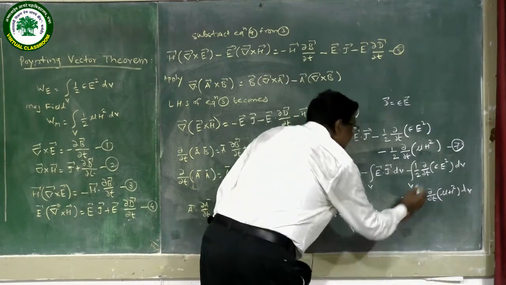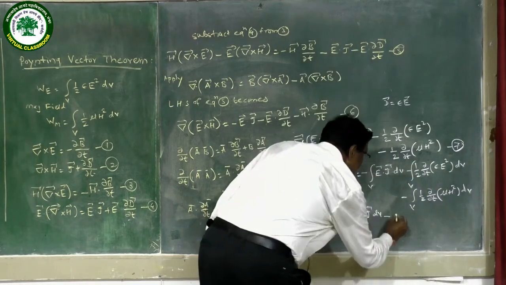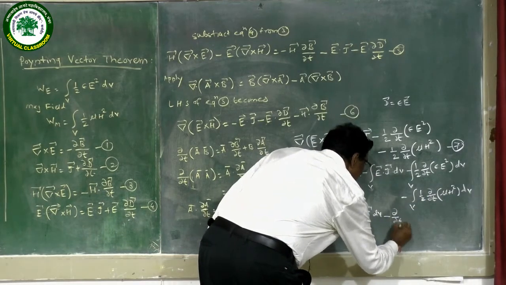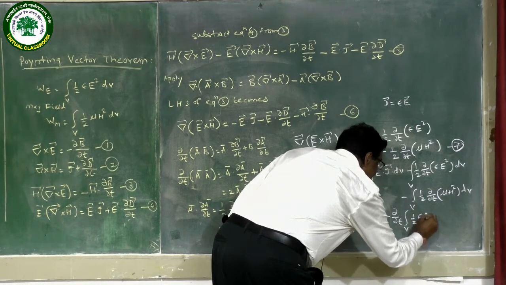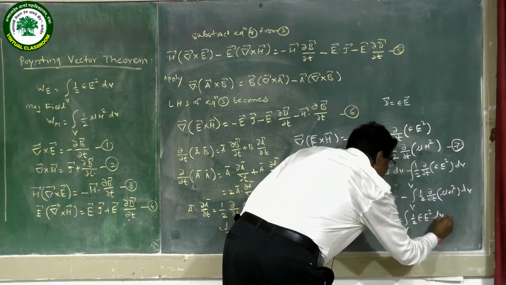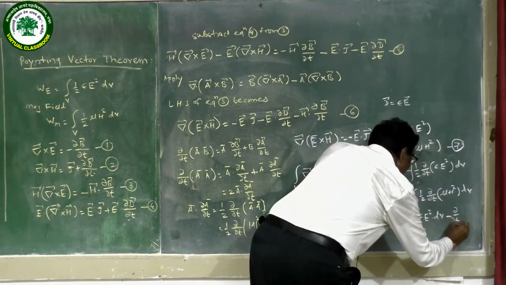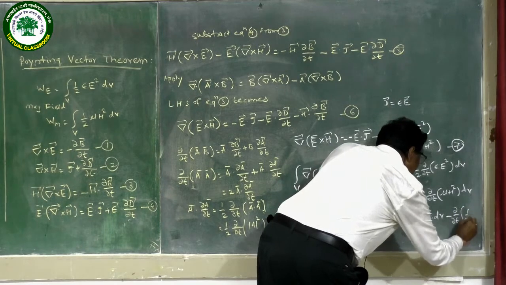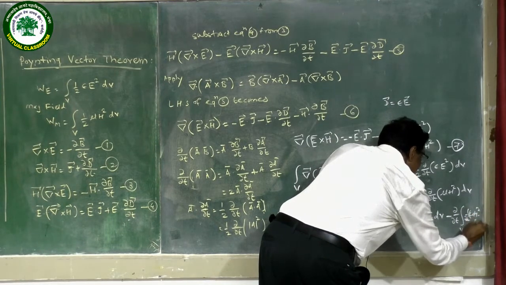Now we rearrange the terms: the time derivative is taken outside and the remaining terms inside. So minus the time derivative of the integral over V of 1/2 epsilon E square into dV, and the next term is minus the time derivative of the integral over V of 1/2 mu H square into dV.